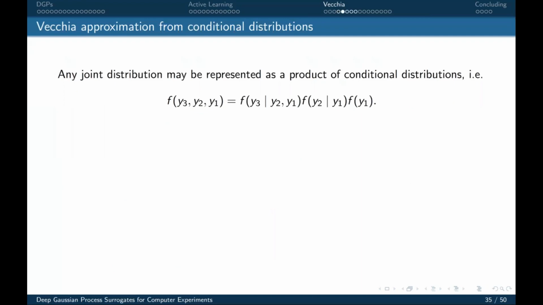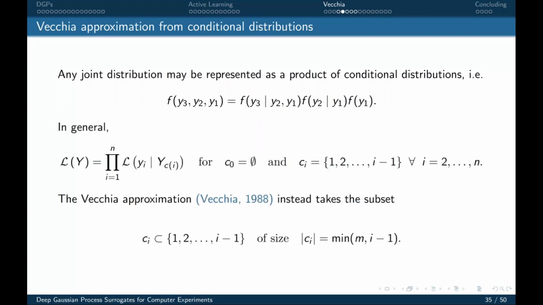It starts out with an identity that says that any joint distribution can be factorized as a product of one-dimensional conditionals. This is a basic fact of joint or conditional probability, characterized for 3 random quantities. You can do that with the likelihood. So if you have a likelihood over capital N quantities, you can decompose it as a product of one-dimensional conditional likelihoods.